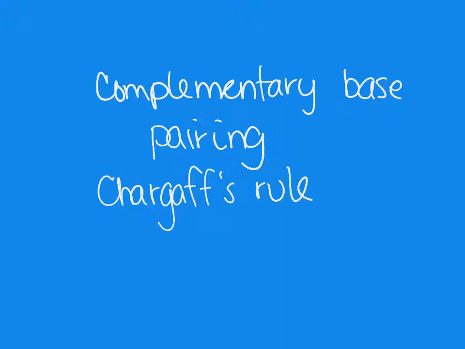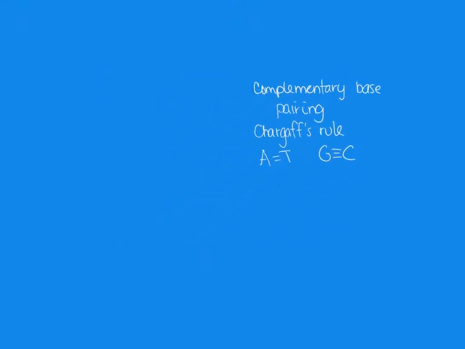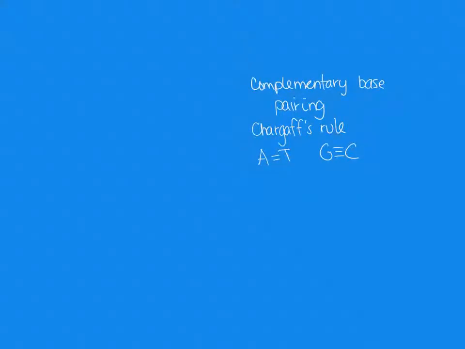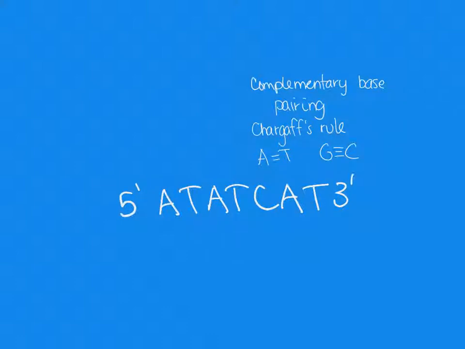This is what told us that A is always going to bind to T and G is always going to bind to C. The example in the video was that if I've got a 5 prime A, T, C, A, T, 3 prime, I should be able to figure out what the other strand of DNA looks like, right? So how would the other strand read?